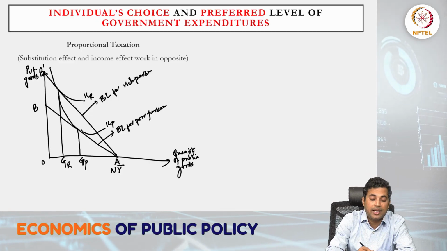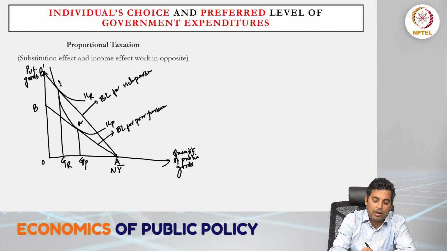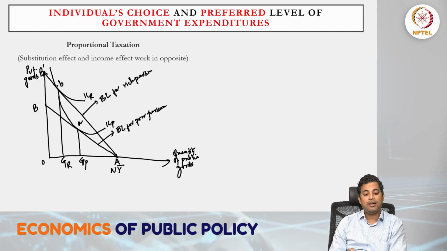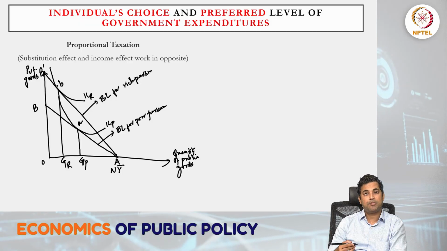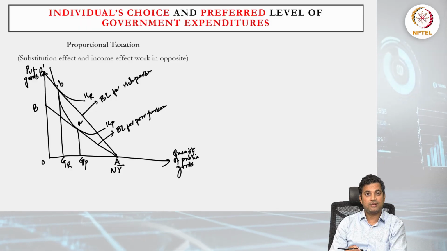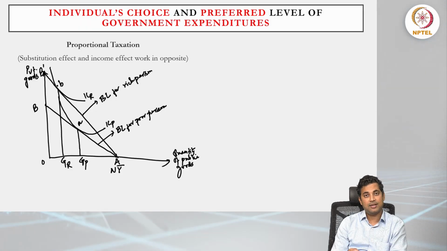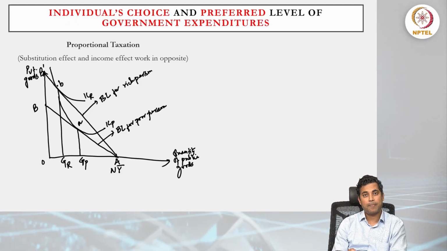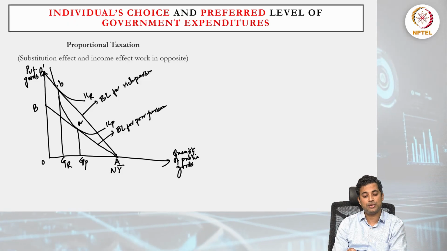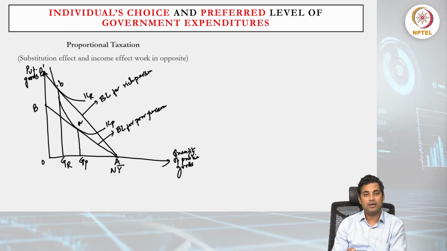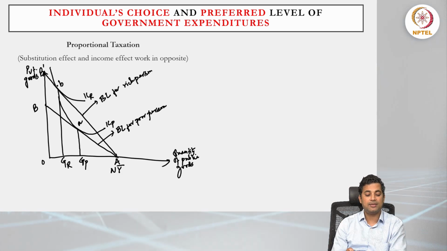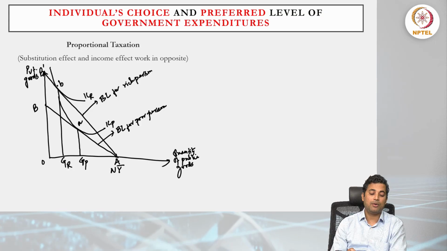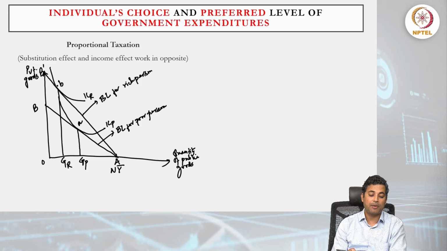So here there are two tangent points, one is A and one is B. We see here that as income increases, the rich person also has to pay more taxes, but their general tendency is to have a lesser quantity of public commodities, and they will tend to buy or consume more private goods.